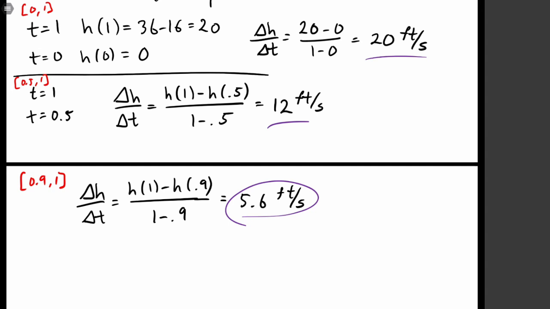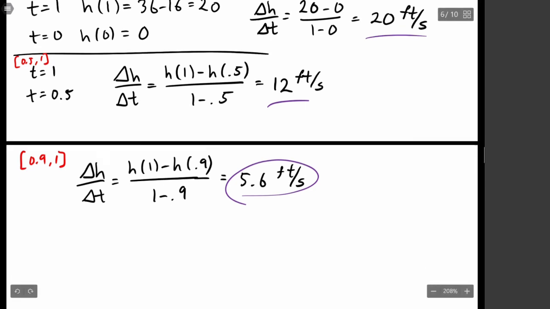So the smaller the interval we use, the better picture we're going to get for the velocity at that time, or the speed at that time, because like I said, we do know that the ball is constantly slowing down. So we're sort of using less and less of the changing speed here.